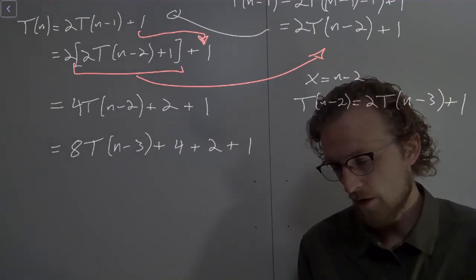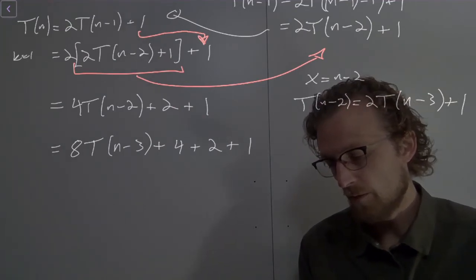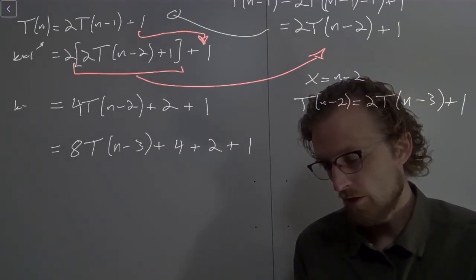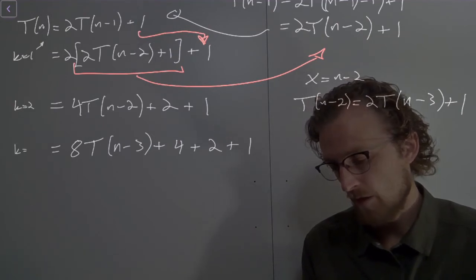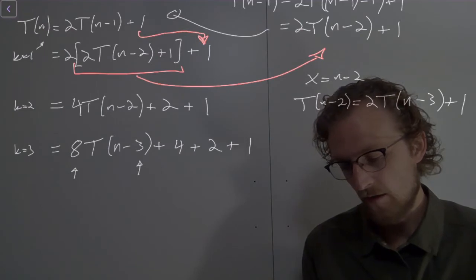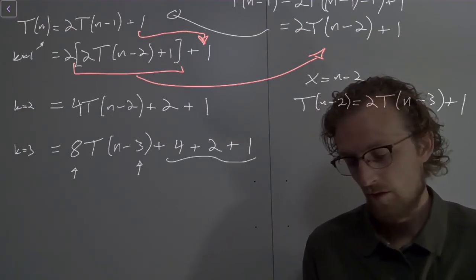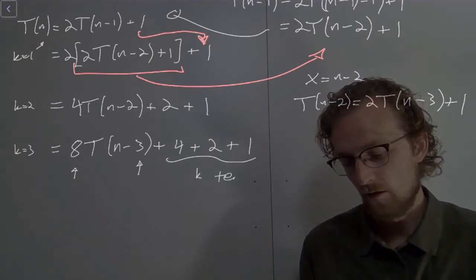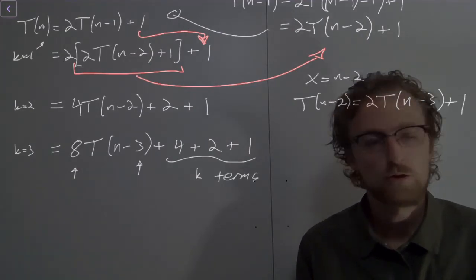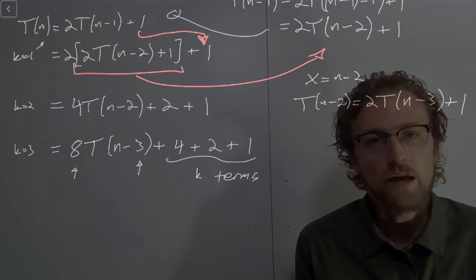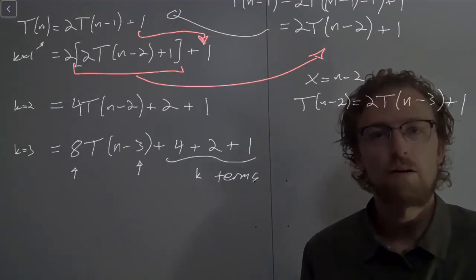This is k equals 1 up here. Here's k equals 2. Here's k equals 3. We've got 2 to the k, we've got k, and then here we have k terms, and those terms can be expressed as sums of powers of 2.